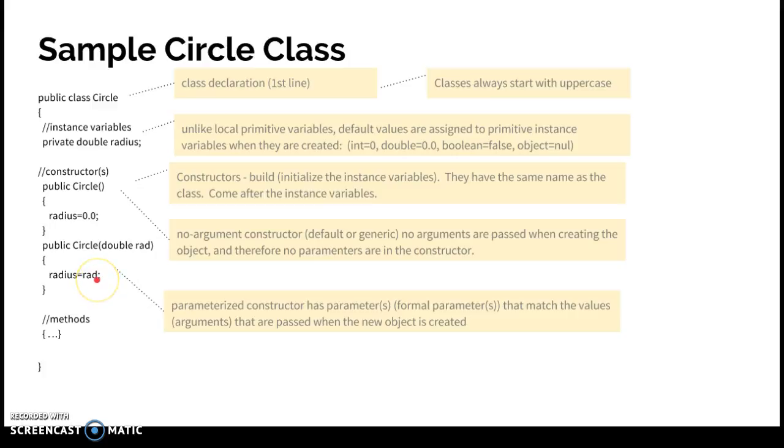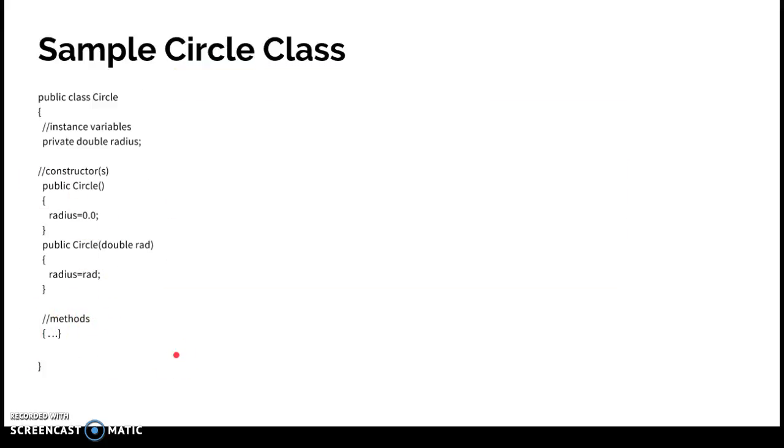So sometimes you want to make a circle and you know the radius. The radius needs to be 5, so you would use this one. And sometimes you just want to create a blank circle and you're going to assign the radius later, you would use this constructor. Now, it's nice that Java knows which one to use based on what you say when you create the object. We're going to talk about the methods next.